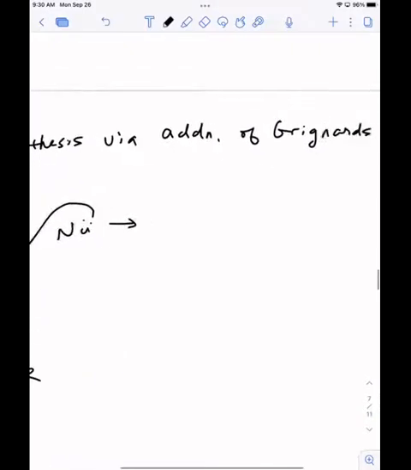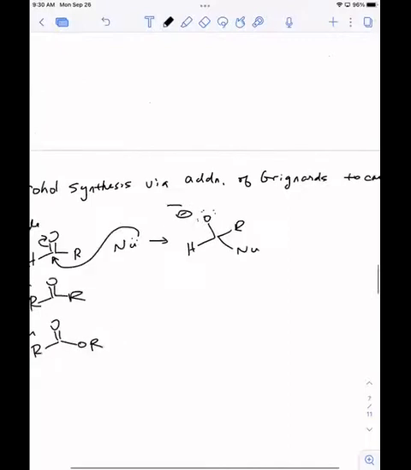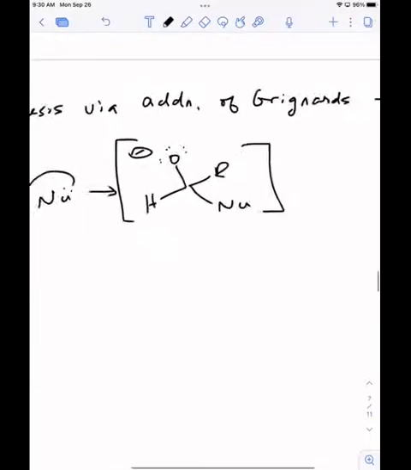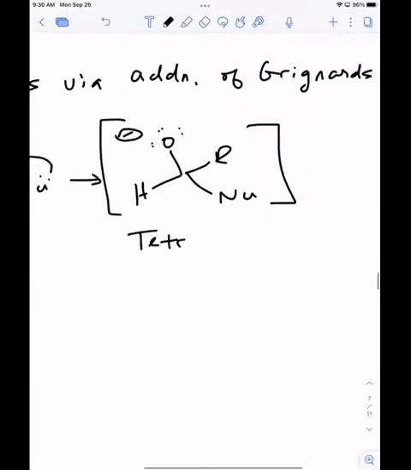Once that carbonyl carbon is attacked, you're going to get what's called a tetrahedral intermediate. Every one of these reactions is going to go through this intermediate. And this intermediate, depending on what type of carbonyl you're using, is going to determine the outcome of the reaction, right?